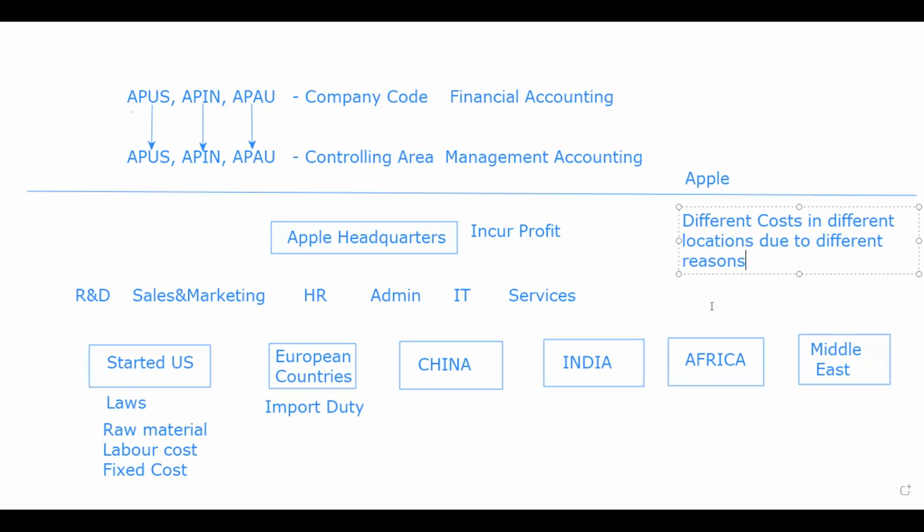So now, first is the controlling area. In controlling, for now in our example, we took one controlling area for each company code. Under one controlling area, you will be monitoring many divisions of business. For every country, for every company, they will mainly have two divisions.